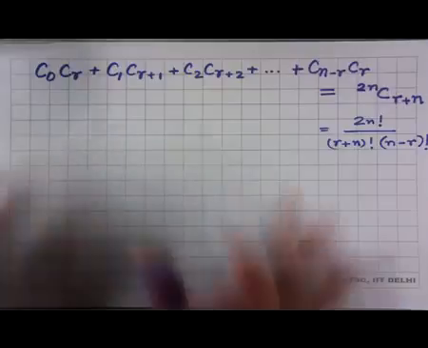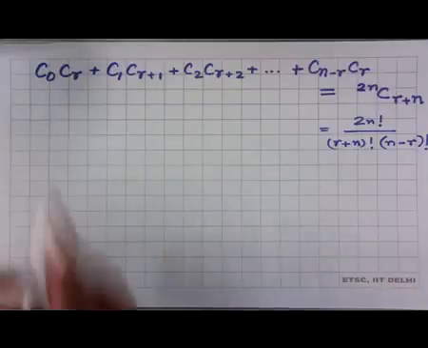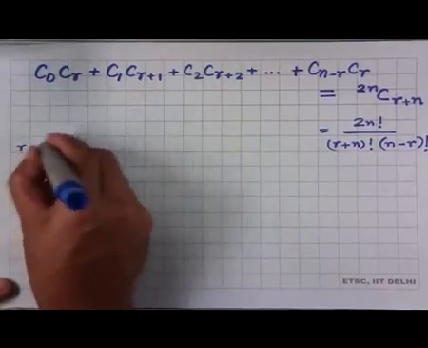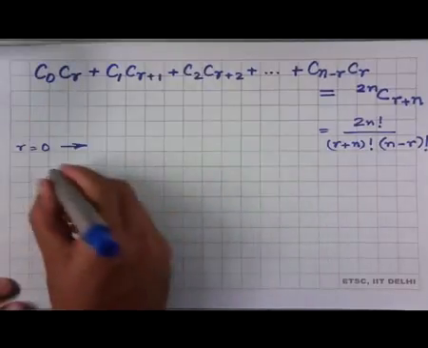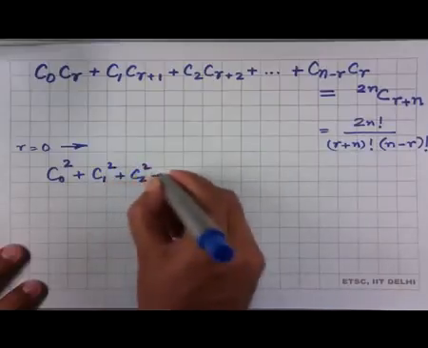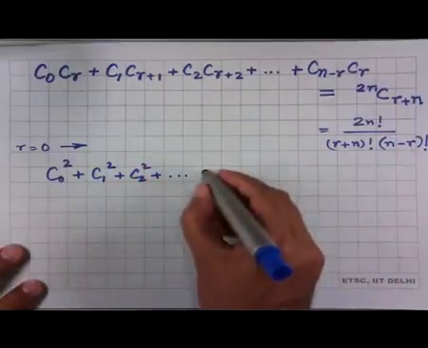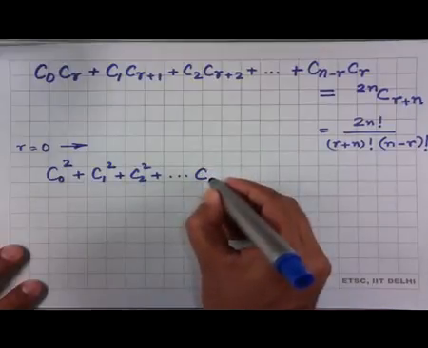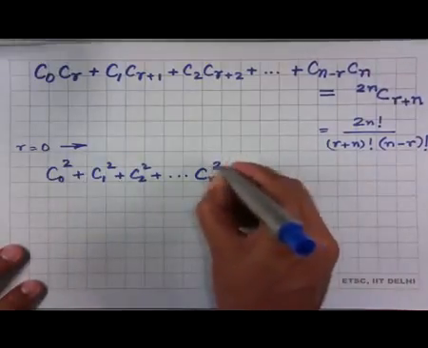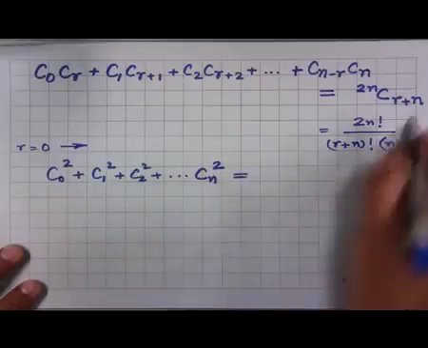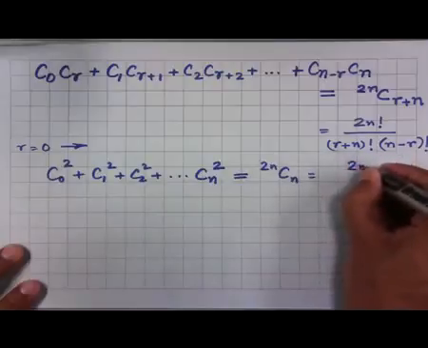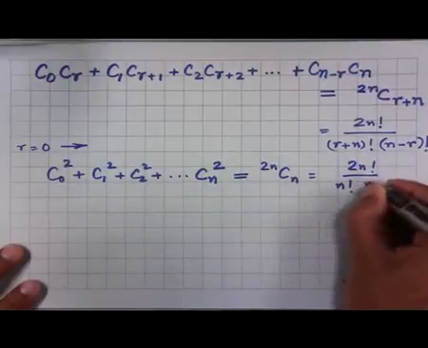How do we do this? Notice that if I plug in r equal to 0, I get back the earlier one, that was C0 squared + C1 squared + C2 squared + ... all the way till, I think this should be n, Cn squared, and that will be equal to 2nCn, which is (2n)! / (n! n!).